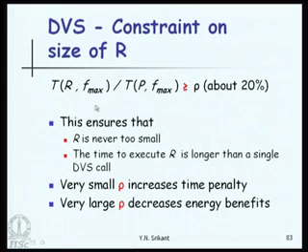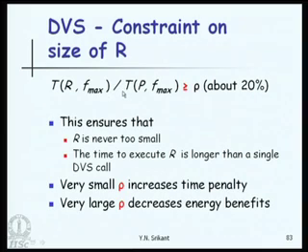So, in order to make sure that this overhead is not very high, we make the region of a reasonable size. If the region is very large, then the energy benefits are going to be very low. So, we have to make the region of reasonable size somewhere in between.